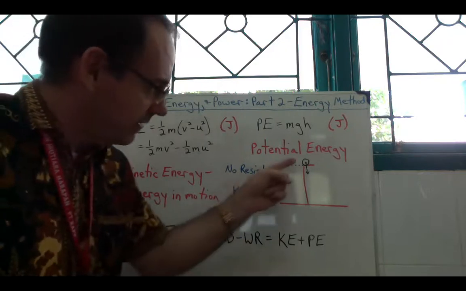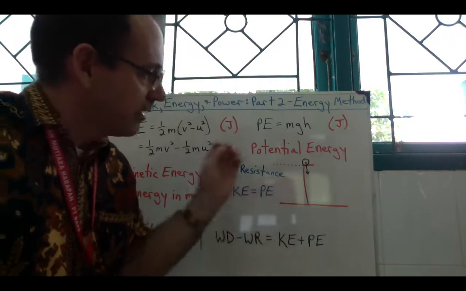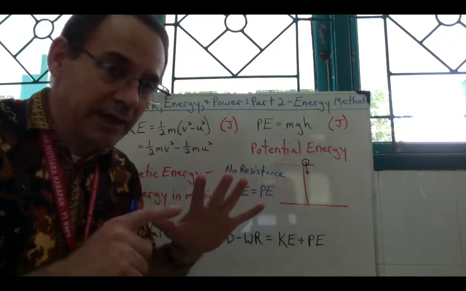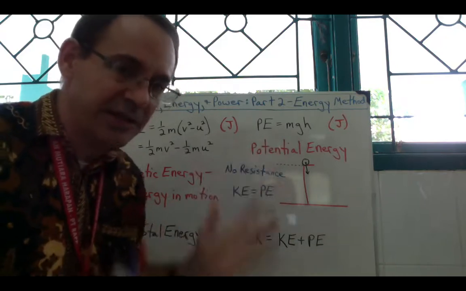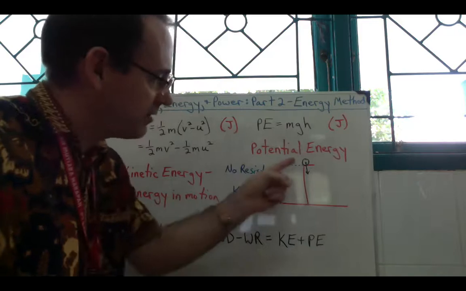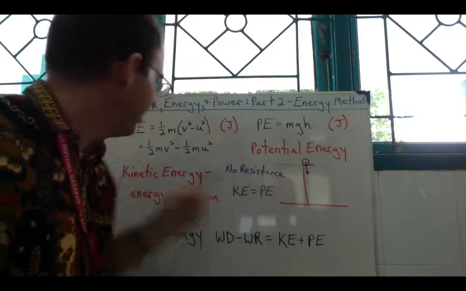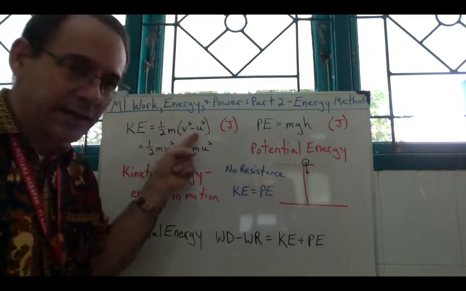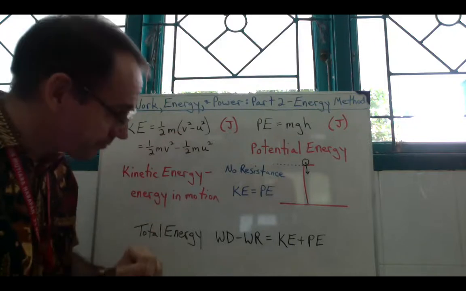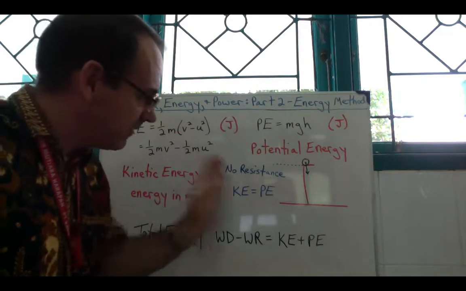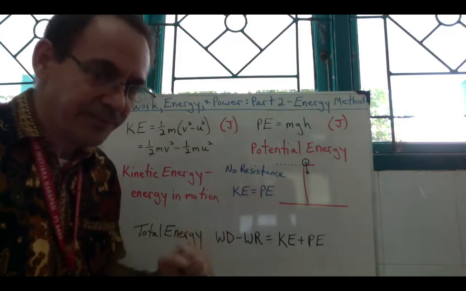So if this object falls off the edge and we don't take into consideration wind resistance or anything like that, then the entire potential energy will be converted into mechanical energy or kinetic energy. So if there is no resistance, then you can set them equal to each other.